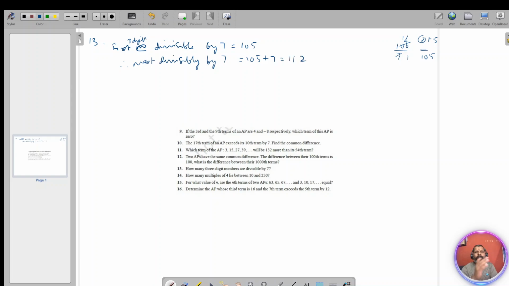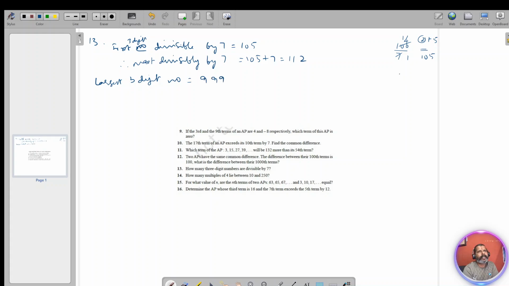Okay. It continues like this 105, 112, 119 like that. Till how much? So we get the last 3-digit number, the highest 3-digit number. Check the divisibility there. Otherwise, get its previous number divisible by 7. Therefore, the largest 3-digit number is how much?